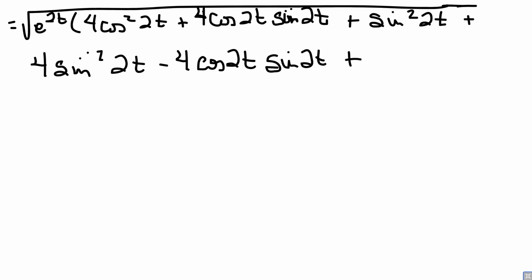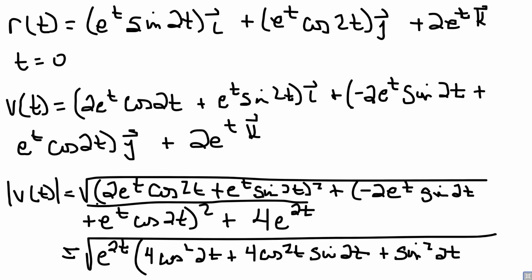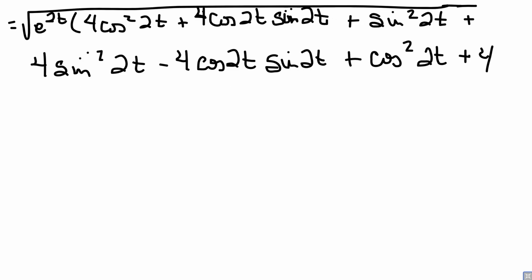And I'm going to have plus cosine squared 2t. And then at the very end, I think it's plus 4. Let me make sure. Yes, it's plus 4. Okay, so that's factoring out the e to the 2t from the terms initially and then just squaring this out.